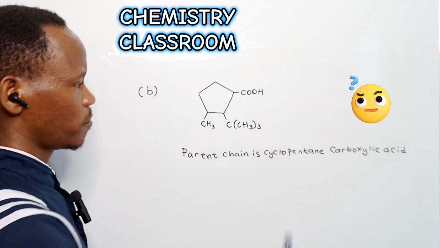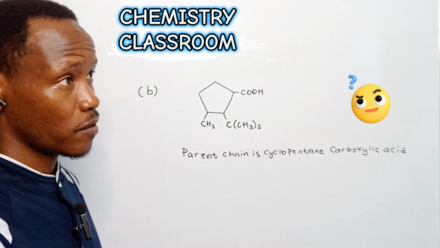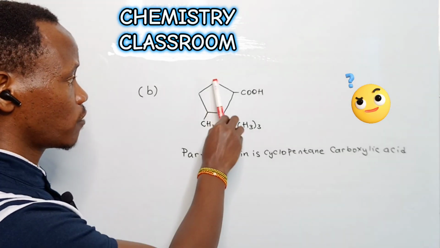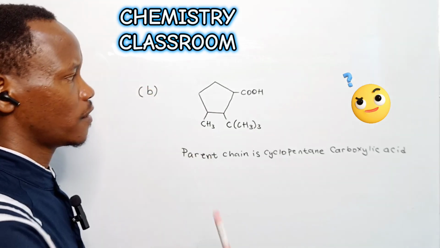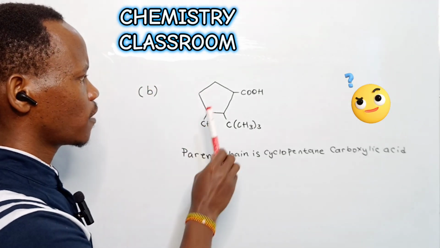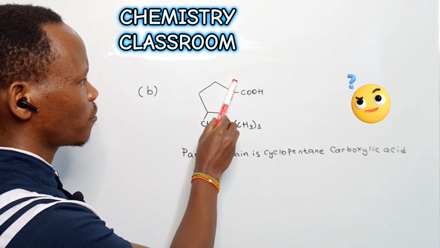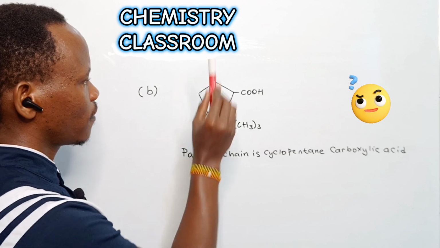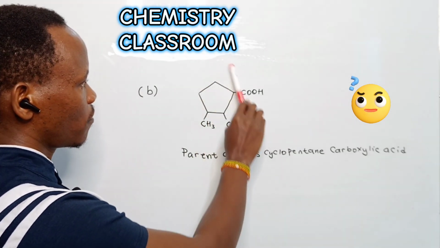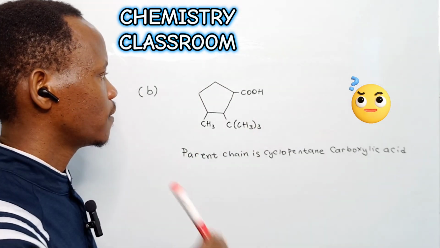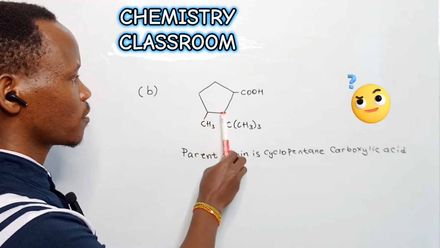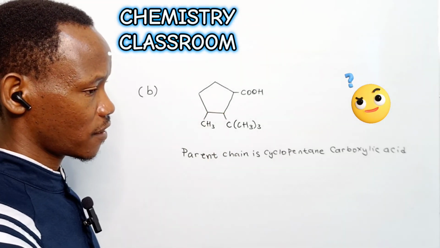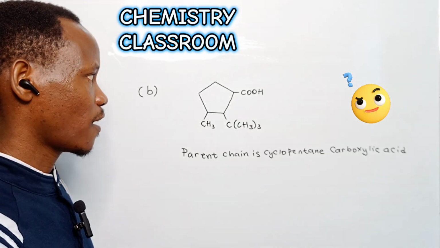After obtaining our parent chain, the next step or guideline mandates us to number our carbon atoms on this cyclic chain. And when we are numbering, remember it can always be anti-clockwise or clockwise, depending on the direction that gives these two substituents numbers that are closer to each other.